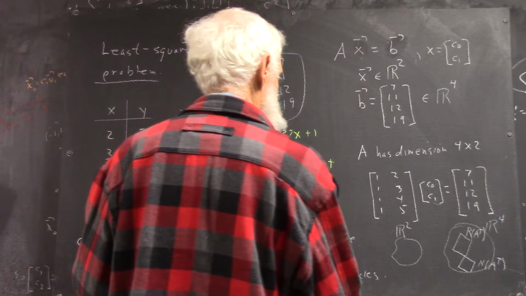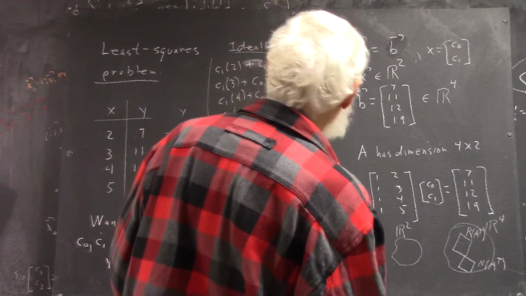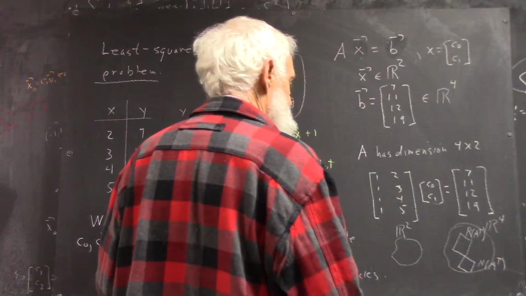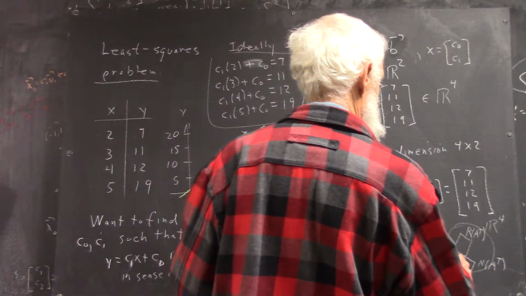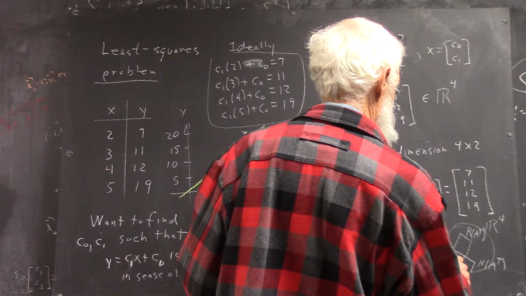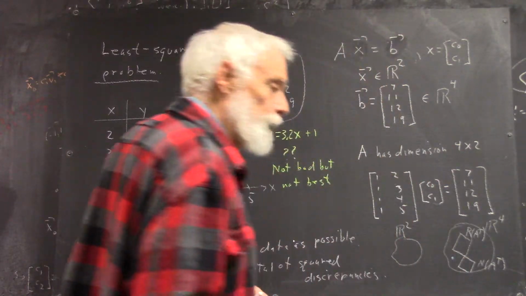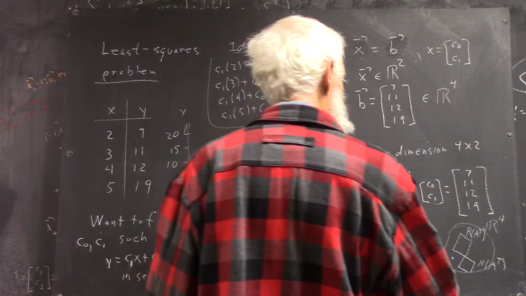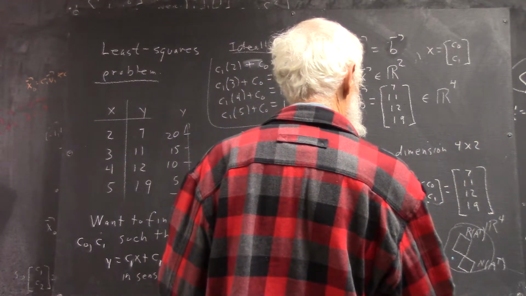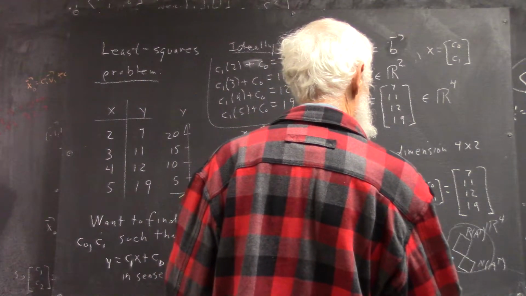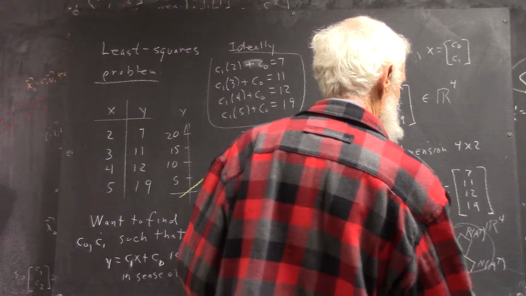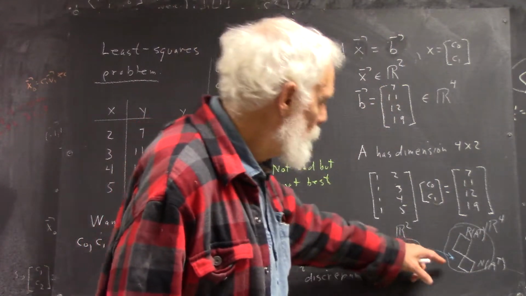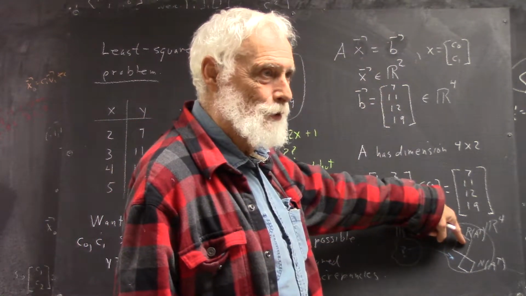So you want to find the vector over here that's an image of some vector over here, which I'll call question mark, that's as close as possible to this subspace.